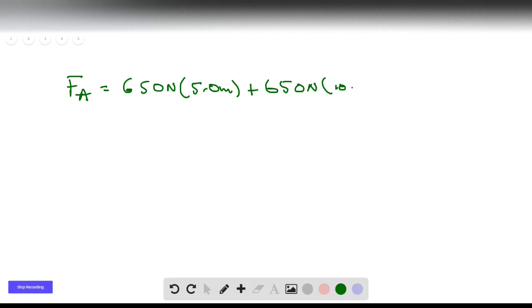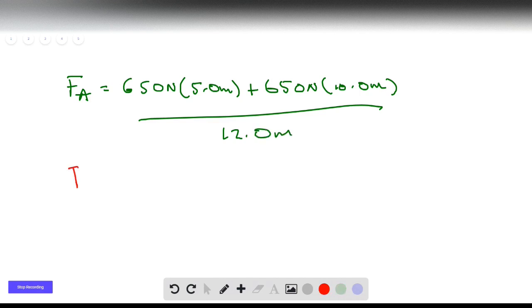So we end up getting F of A equals 650 newtons times 5 meters, plus 650 newtons, which is the maximum weight of the person, times 10 meters, which is the distance from B. And then we divide by the distance from A to B. That gives us a force of 810 newtons.